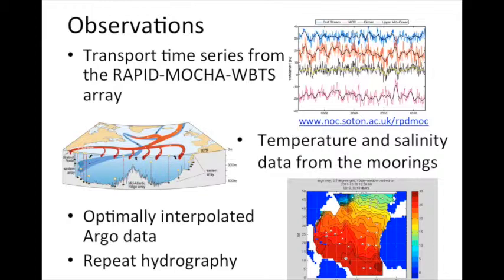In this analysis, I use the repeat hydrographic data to look at the structure of the salinity fluxes on the section, work out what assumptions it's reasonable to make, because I do have to make assumptions in this analysis, and also look at what the uncertainty associated with the assumptions are.